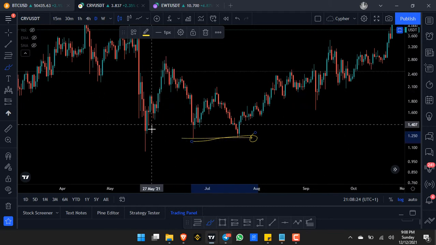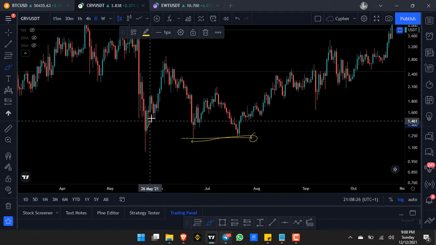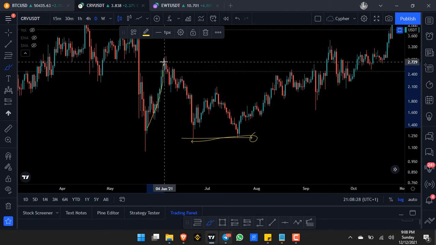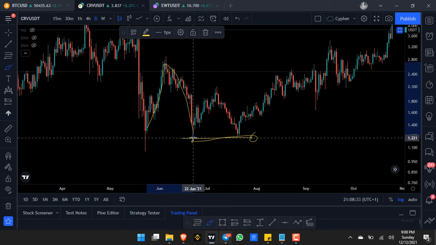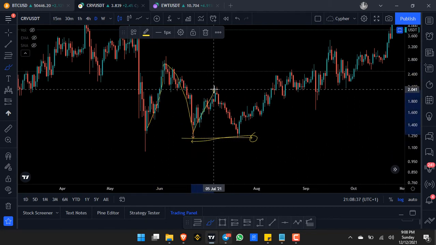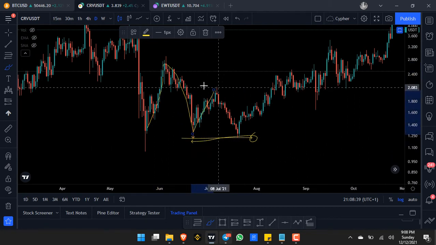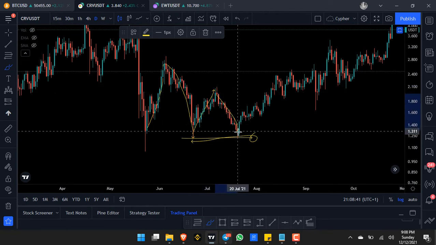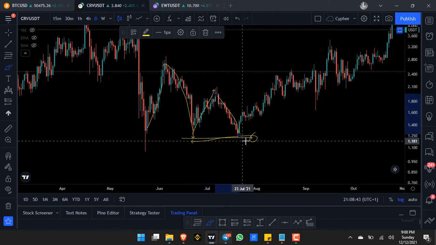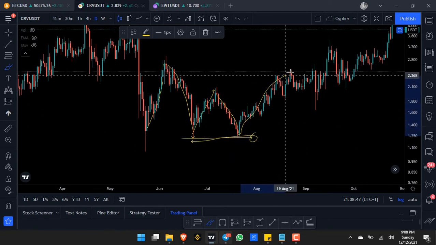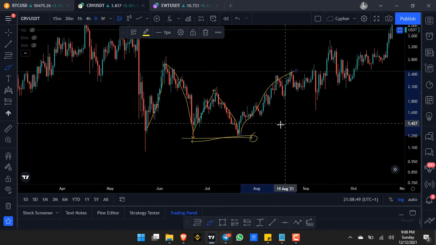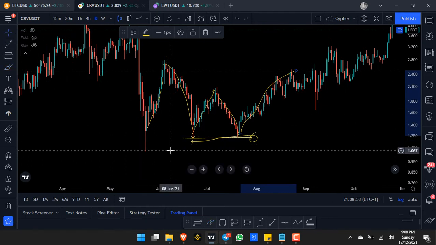Now you can see that from here the bird started flying, it flew and then it got tired and then it started coming down, and then it found support on this tree that we have here, and then it started going back up again. It got up and it got tired, it started coming down again, and it found support on this tree, in this case this line that we have here, and then it bounced and it started going up again. So that is exactly what support and resistance levels are in the chart.